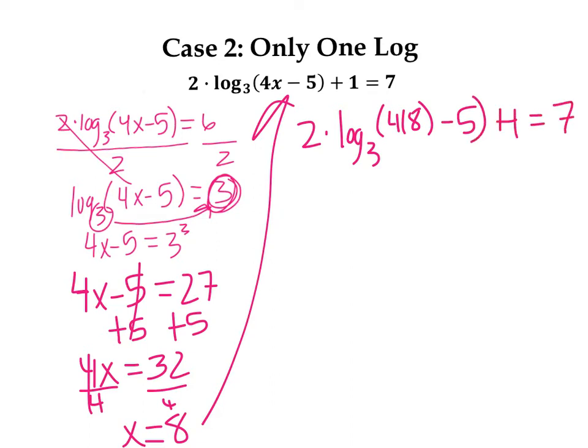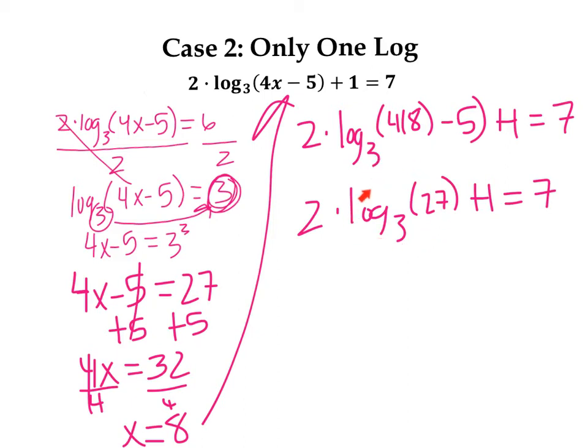Inside the parentheses, we have 4 times 8 is 32. 32 minus 5 is 27. So we have 2 times log base 3 of 27 plus 1 equals 7. Since I only have a number in here, I can actually find the value of this log.